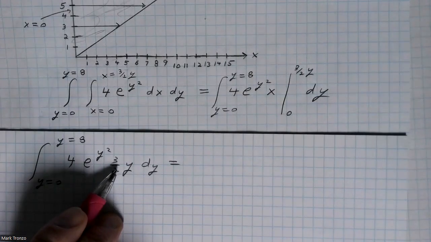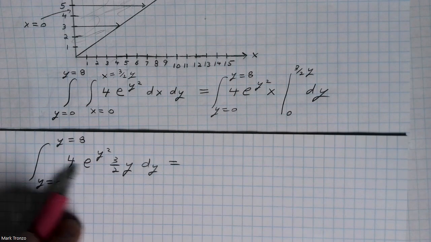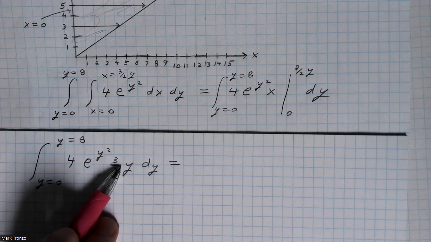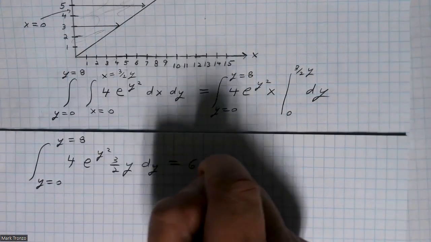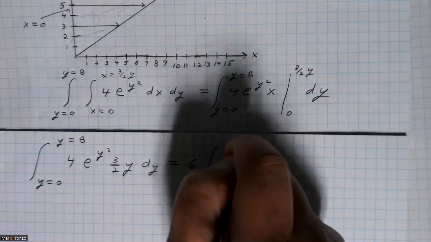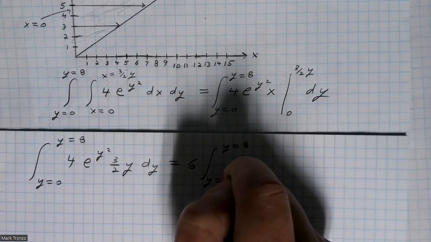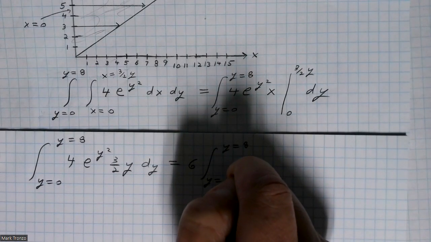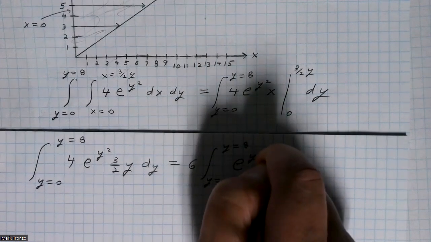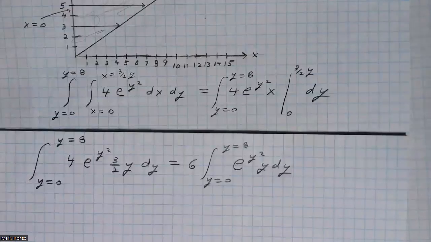Let me divide this up a little: 4 divided by 2 gives us 2, 2 times 3 is 6, and then we have e to the y squared y dy, like this.